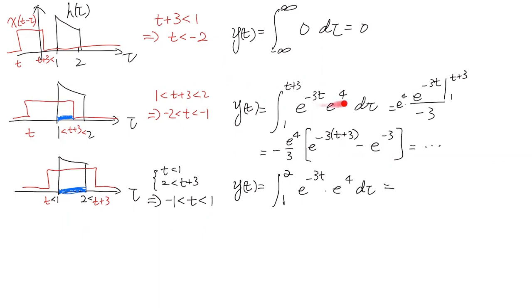So here the internal part is exactly the same, except for the integration upper and lower limits, which become 1 and 2 here, okay? So what do we have? We have negative e to the 4 divided by 3, and then e to the negative 3 times 2, minus e to the negative 3, right? And then you can further simplify it.